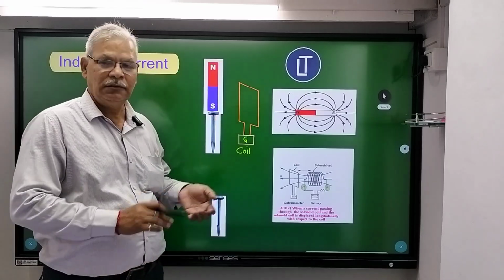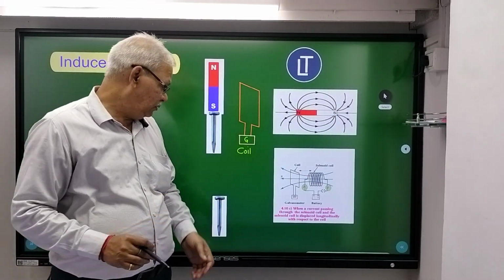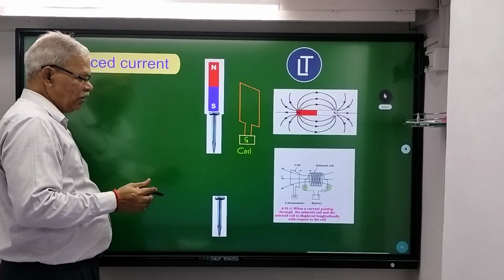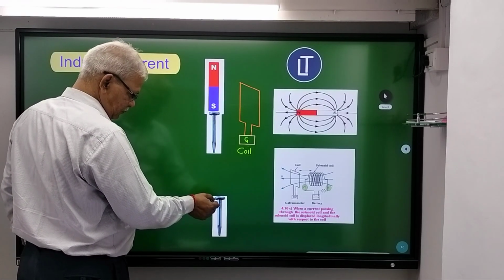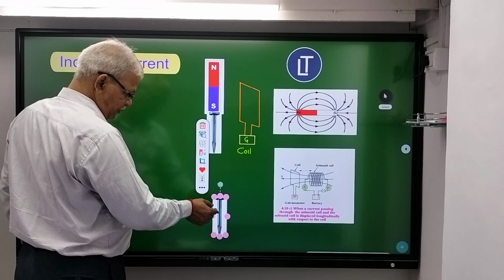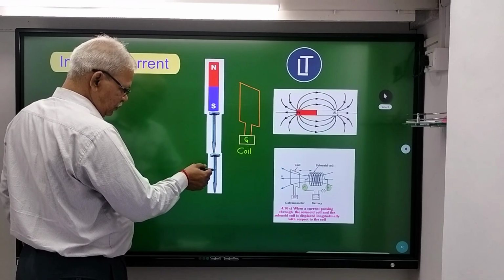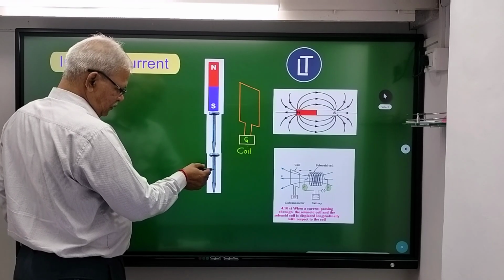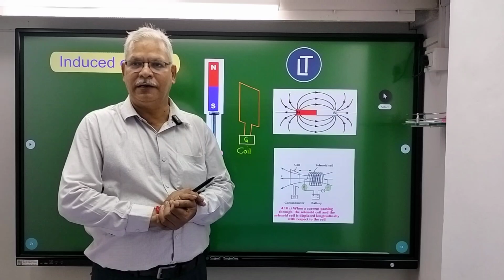Means it is attracted by the magnet. Now, if again you are going to bring another nail close to the first one, this nail will behave like a magnet.